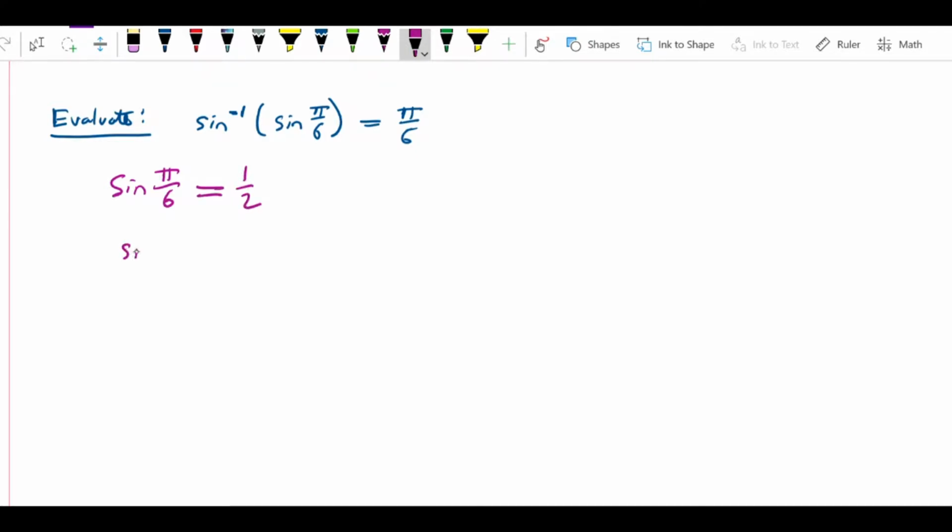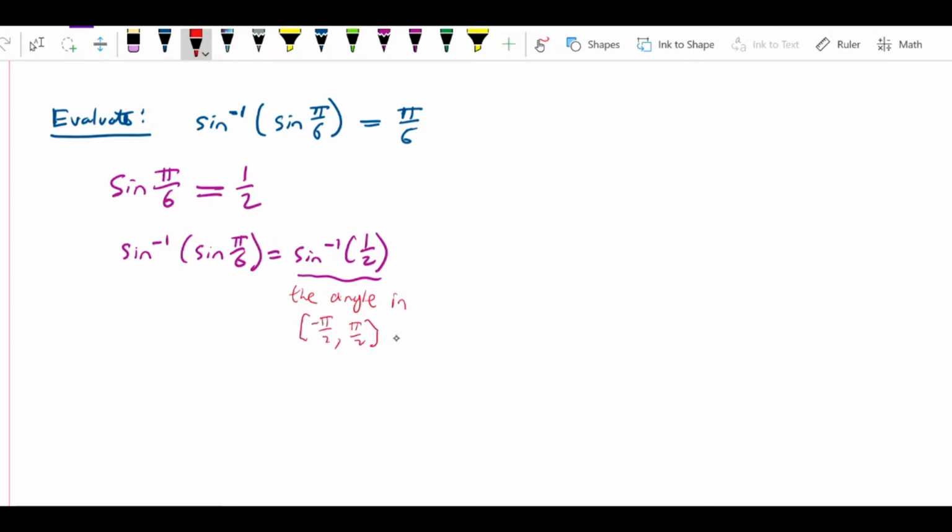So that means the arcsine of sine of pi over 6 is equal to the arcsine of 1/2. In other words, this expression is the angle in the interval -π/2 to π/2 whose sine is 1/2.